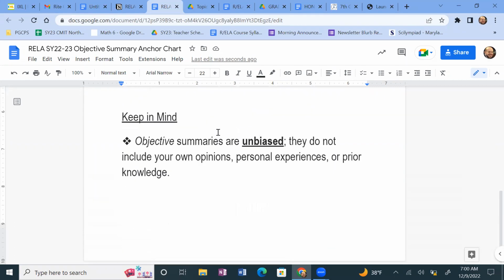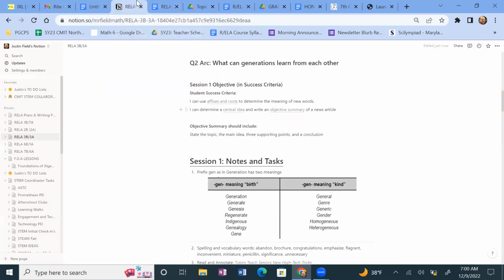All right, it's the same thing as we did with the about me, right? We did 3 different facts about yourself in order to create a thesis statement. Well, an objective summary is taking supporting details and using them to make a central idea. So it's the same thing, just a little different purpose. Okay, so that is what we're going to do.